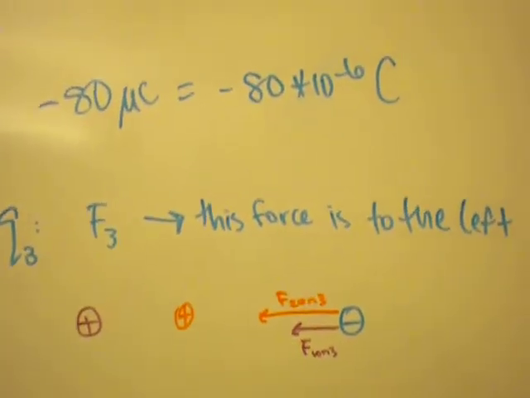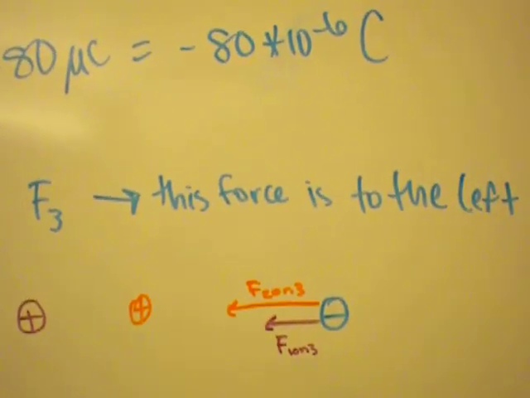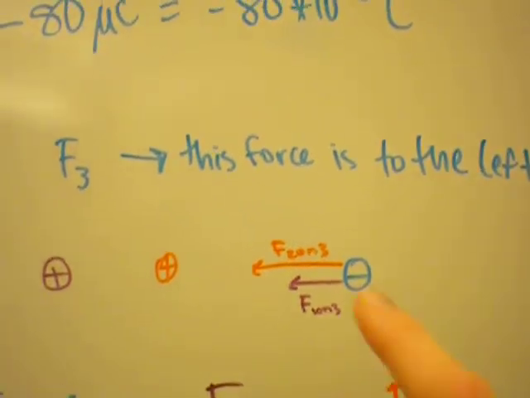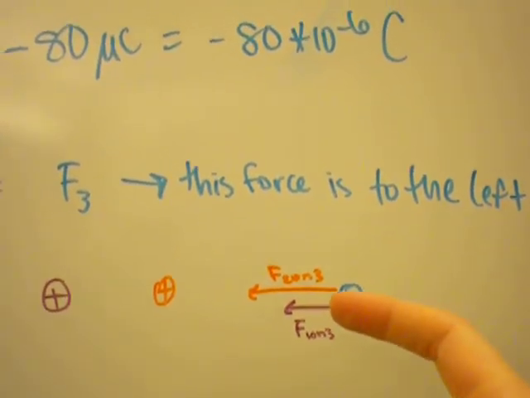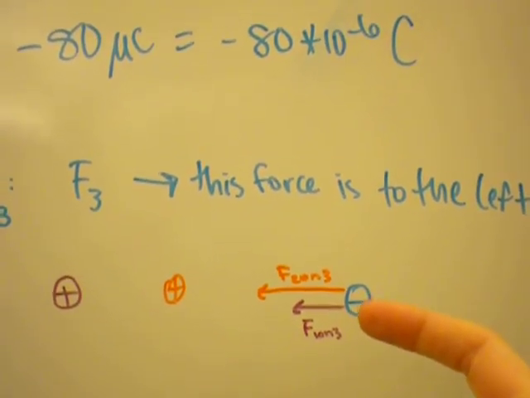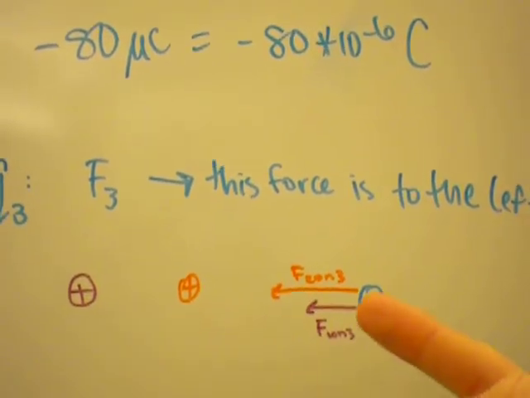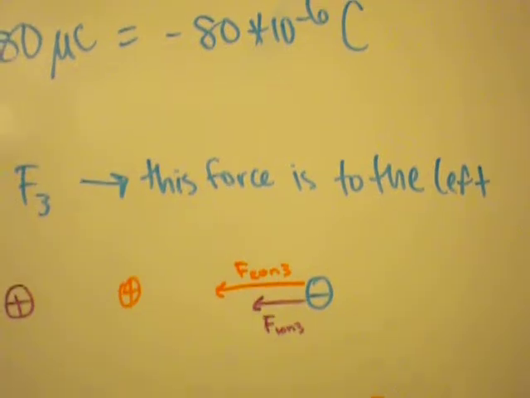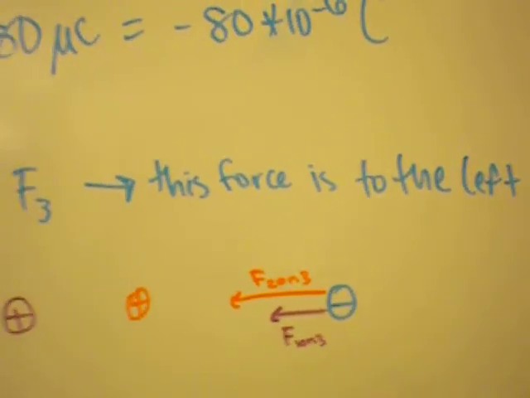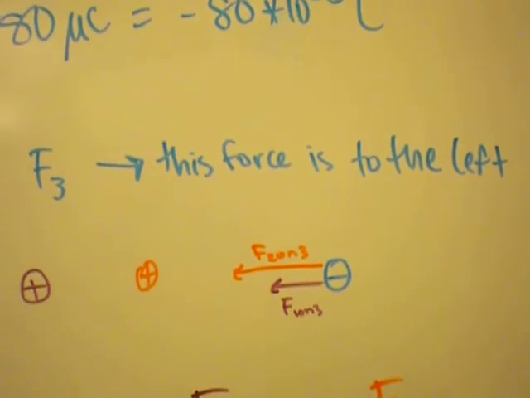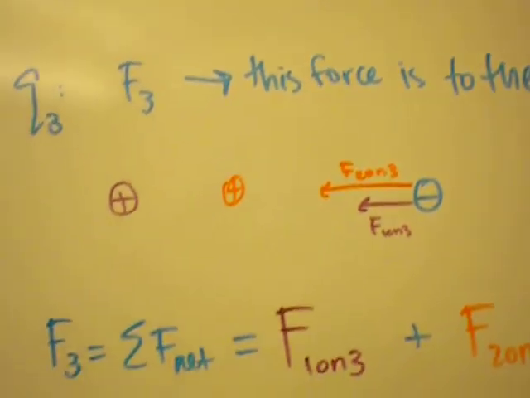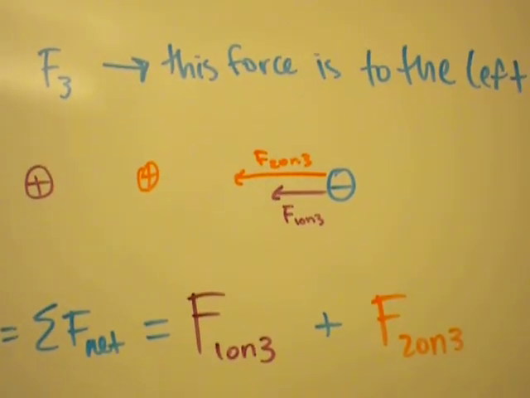Now, the next one is charge number 3. And this force is also easy to determine which way it goes, because it's going to have an attractive force on it from both of the two positive charges up here, because it's a negative charge. So this force is going to be to the left, which makes it similar to charge number 2, because we can just add the two forces.